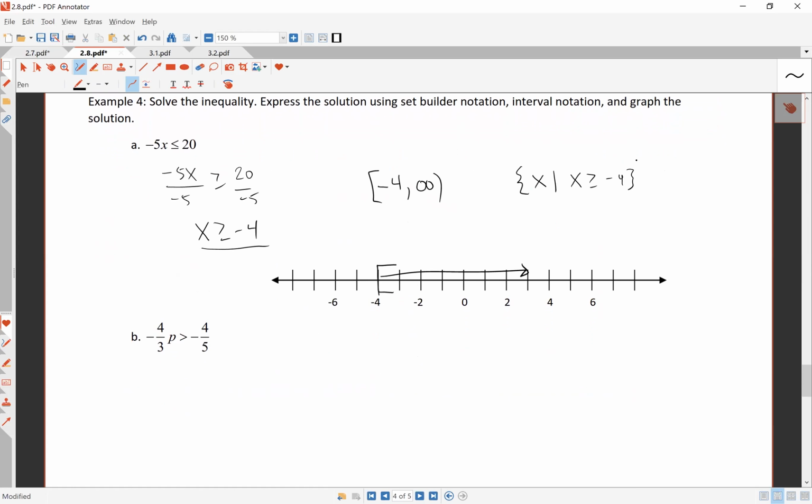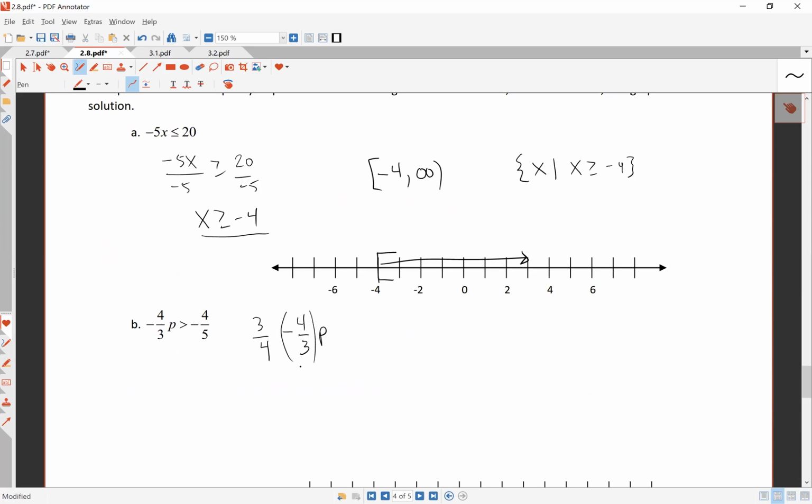Letter B, having that negative 4/3 p, we have to multiply both sides by the reciprocal of negative 4/3, which is negative 3/4. So because we multiplied both sides by a negative, we have to flip the symbol greater than to less than.